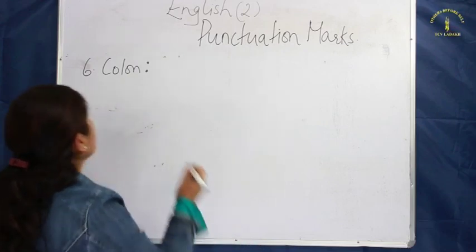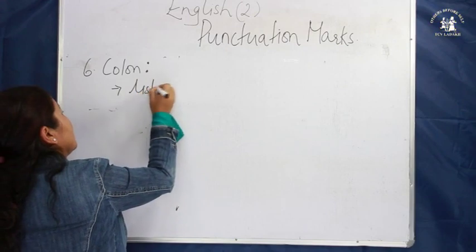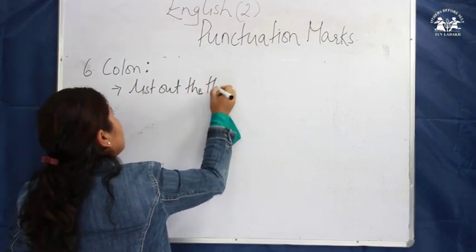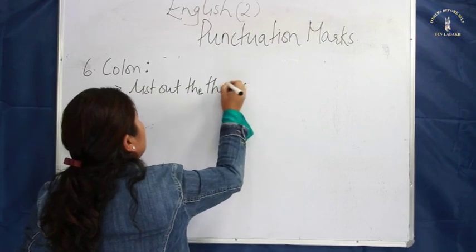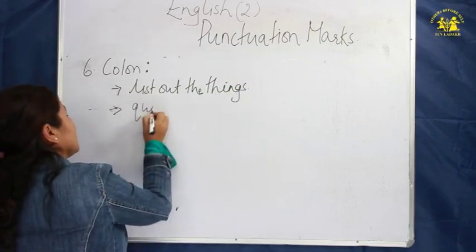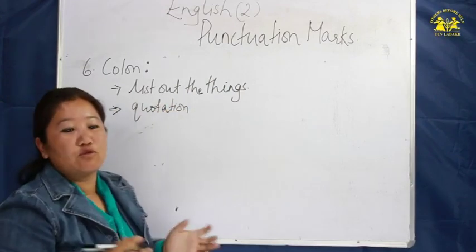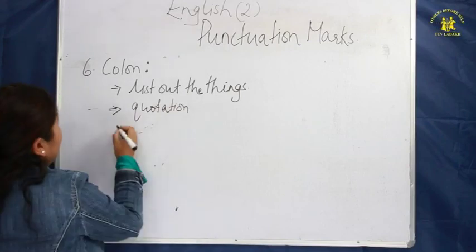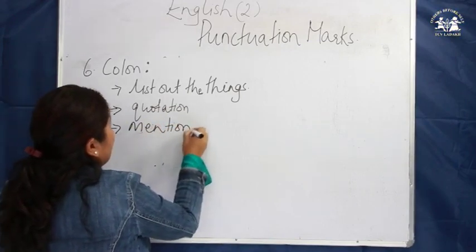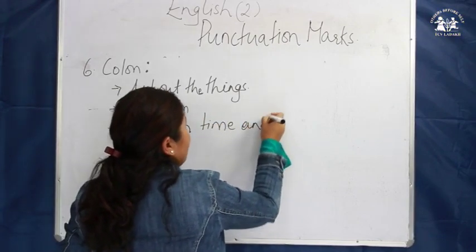The colon is used to list out things, or for a quotation. And it can also be used to mention time and ratio.